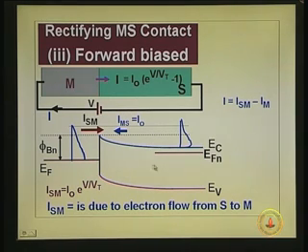This is the original Fermi level, which was parallel at thermal equilibrium. Now, because the applied voltage V is positive in this direction, opposing the built-in potential, you are increasing the energy levels in this portion, and the whole thing goes up. The difference between this level and this level is the applied voltage.